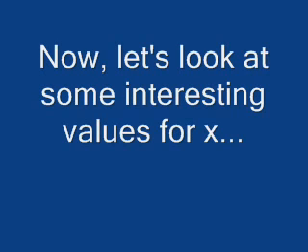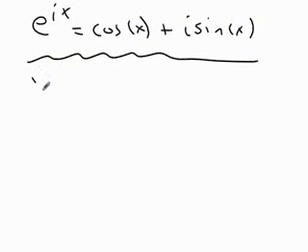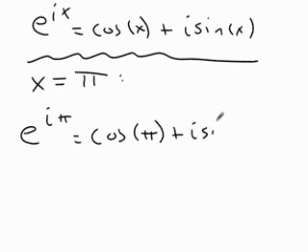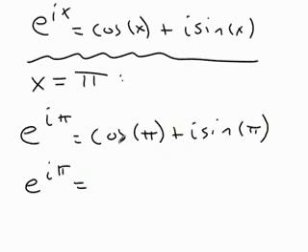The first interesting consequence happens if we let x equals pi. I get e to the i pi is cosine pi plus i sine pi. So e to the i pi is the cosine of pi, -1. The sine of pi is 0.